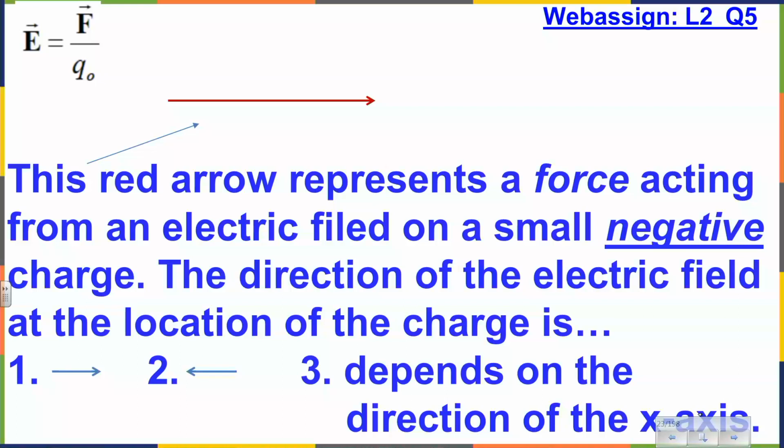It's more tense. And this arrow represents a force acting on a negative charge. Some other charges, of course, are responsible for the existence of electric field at the location of this negative charge.